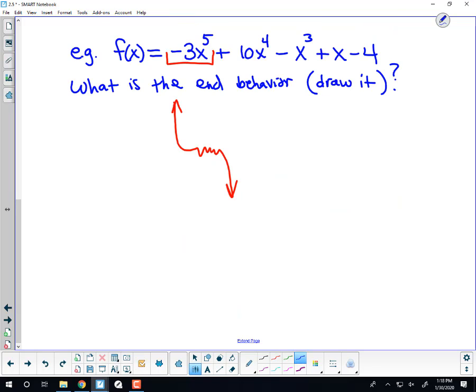But now what we want to do is look at it this way. Whenever you see the phrase, what is the end behavior, you want to think about computing a limit at infinity and at negative infinity. So what's the limit on this function as x approaches infinity, and what's the limit as x approaches negative infinity? So that's how we want to start thinking of end behavior.